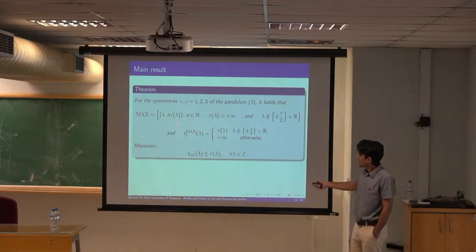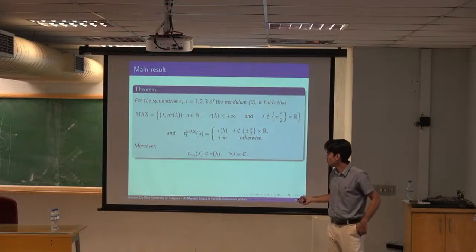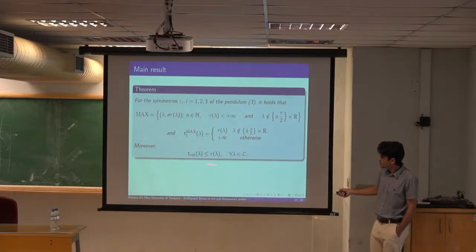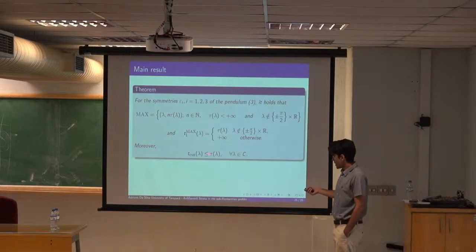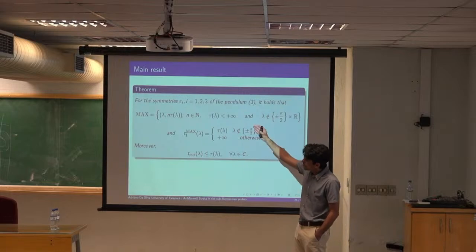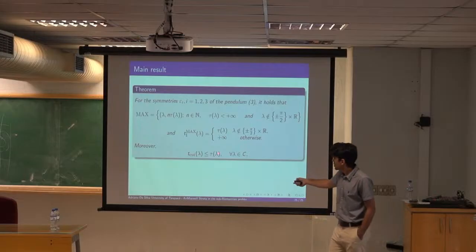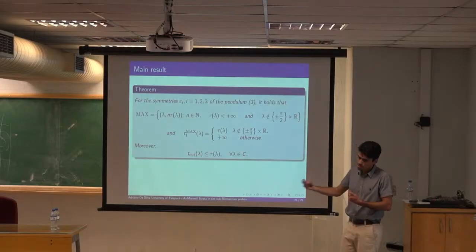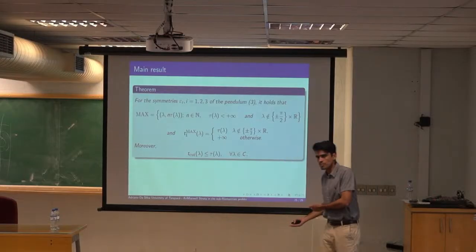The first Maxwell time, the first time that you have a Maxwell point, is obtained like this for most of the points, for most lambda, just lambda different from the fibers over pi over 2 and minus pi over 2, because at the maximum time you have already lost your optimality.